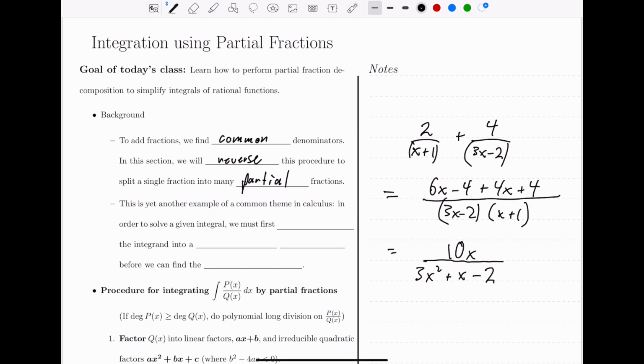This concept is an example of an important theme that we've seen before in calculus. In order to solve integrals, it is sometimes necessary to first rewrite the integrand into a workable form. We might need to use some trigonometric identity. We might need to use some algebraic technique, such as this partial fraction decomposition that we're talking about here.